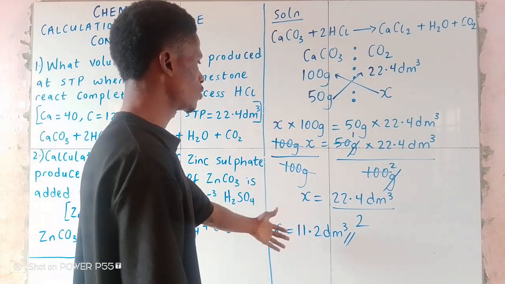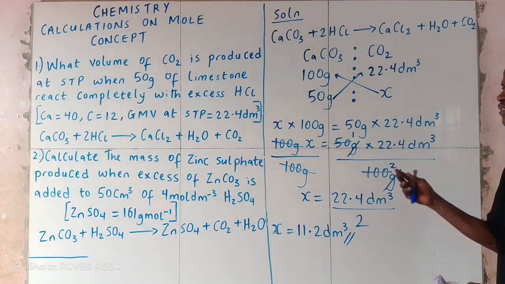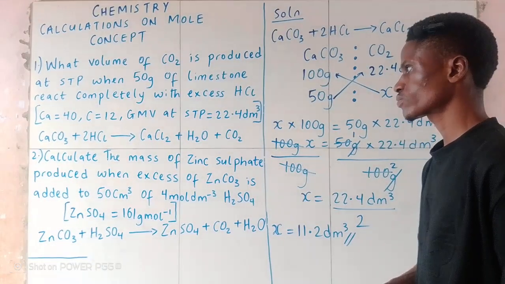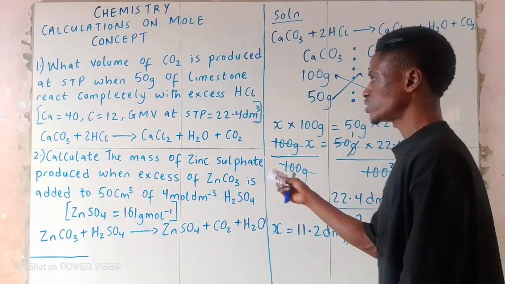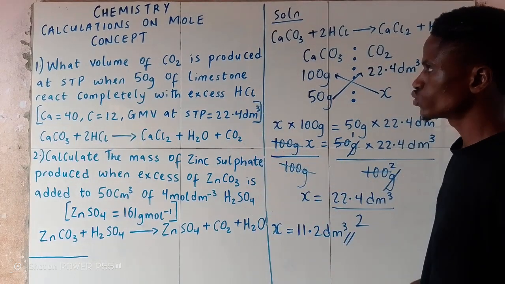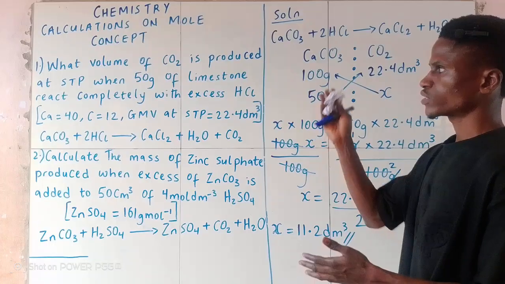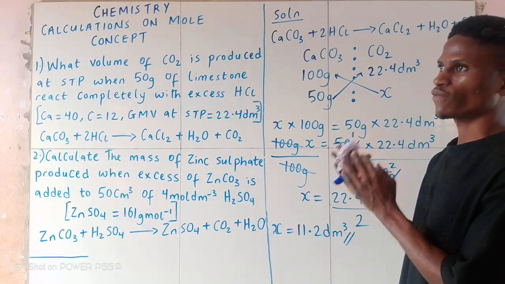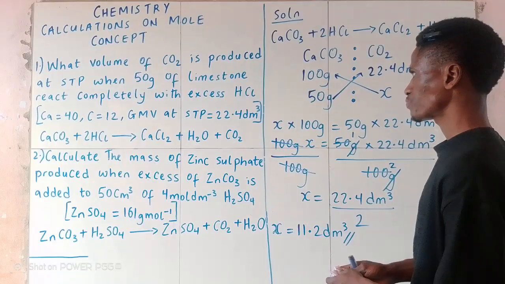So as simple as this. Your first step is to bring out the chemical equation. After that, check the two relating substances. And I said that the first one must have value and the second one must be in question.